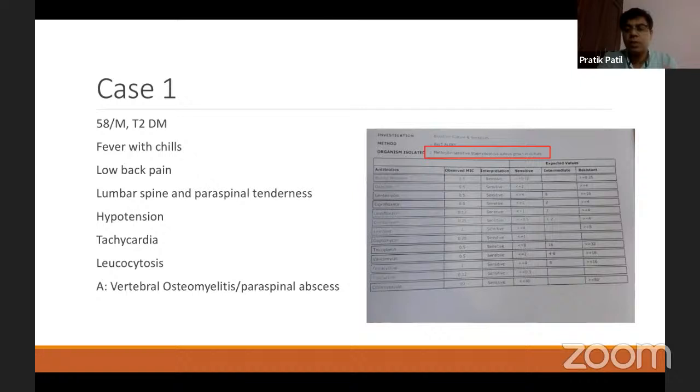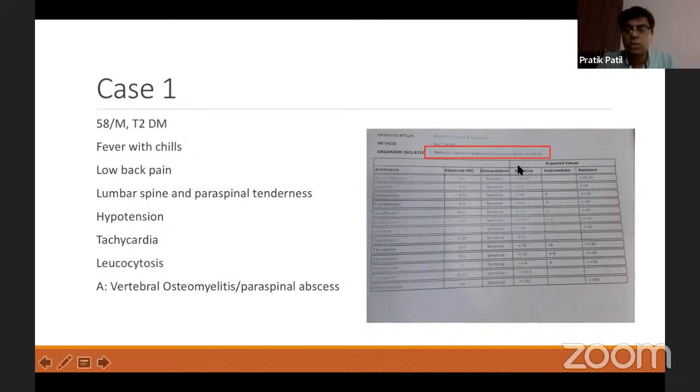It's commonly associated with skin and soft tissue infections or sometimes bone and joint infections. Rarely, bloodstream infections can be due to endocarditis. So we need to find out the source for the given Staph aureus. In this case, it was a vertebral osteomyelitis and paraspinal abscess. So definitely it is a secondary bacteremia due to the underlying abscess.